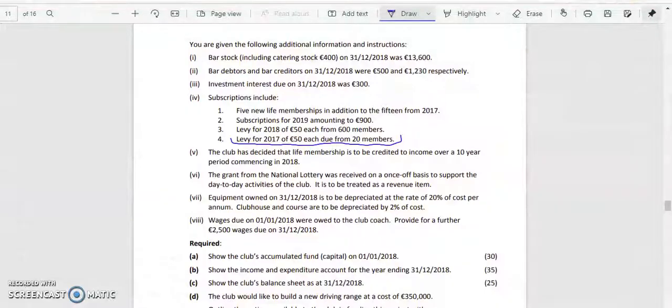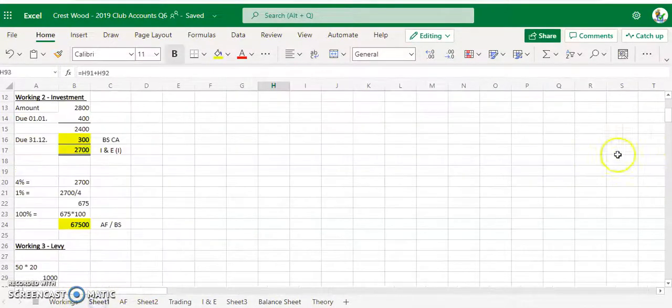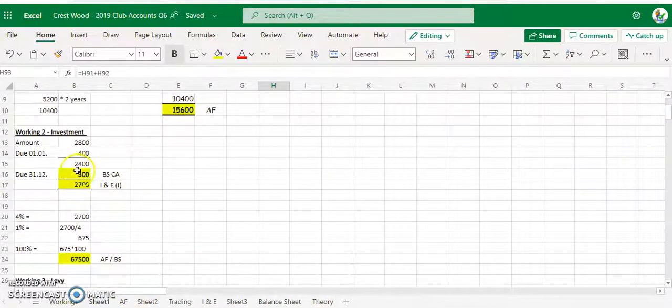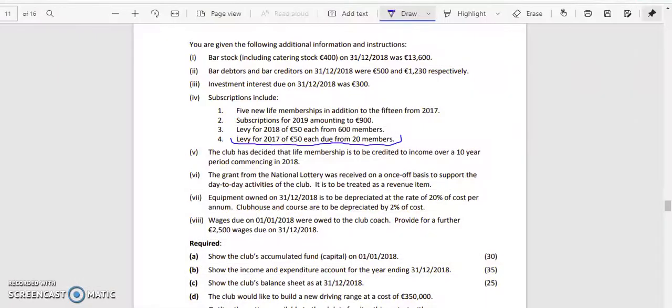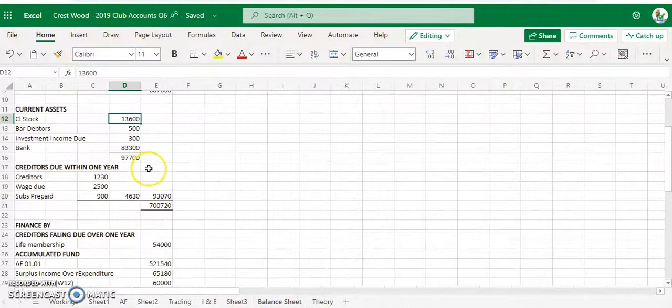Our bar debtors are next, so our bar debtors 500. Then we got investment income due from working one, so remember we have received some investment, so due is 300, that's also taken from the question. It tells us investment income due 300. So remember, all these items for your balance sheet come from the end of the question.